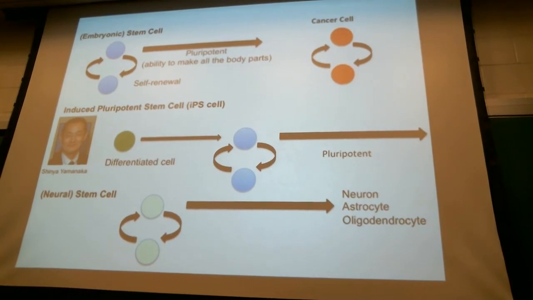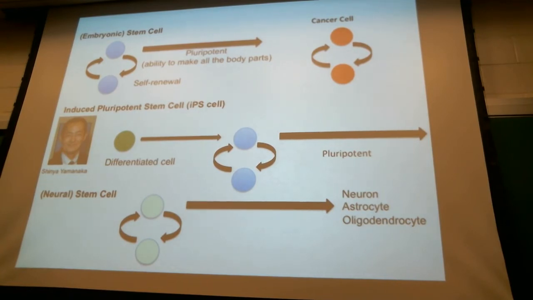The difference is embryonic stem cells can generate different cell types, but cancer cells cannot. So a lot of scientists think the origin of cancer cells might be this type of cell, embryonic stem cells, and something went wrong, and they lost the ability to respond to the cue and to generate different cell types.